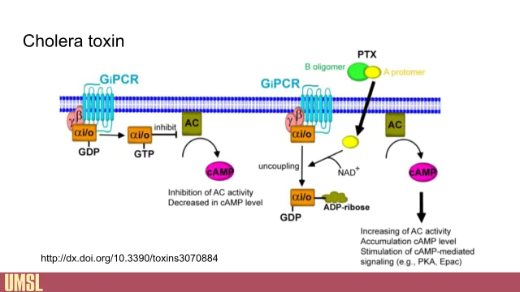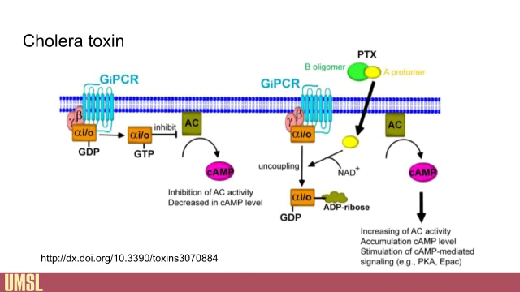So what cholera toxin does is it ADP ribosylates this G signaling protein and essentially makes it inactive. So no longer can we phosphorylate or unphosphorylate this protein and have it control when adenylate cyclase is active.